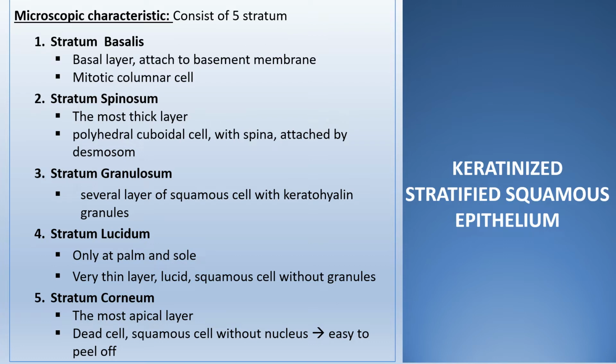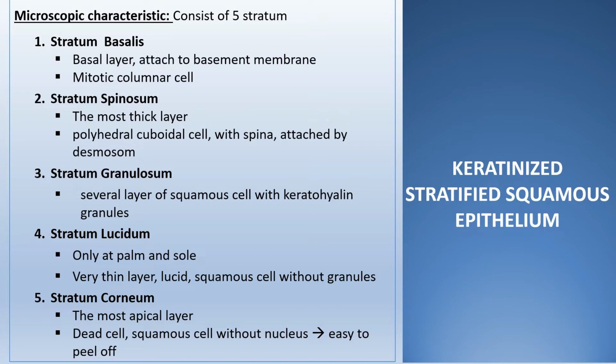In this stratum basale, there are mitotic columnar cells. Stratum spinosum is the thickest layer, consisting of polyhedral cuboidal cells with spines, attached by desmosomes. Stratum granulosum consists of several layers of squamous cells with keratohyalin granules.